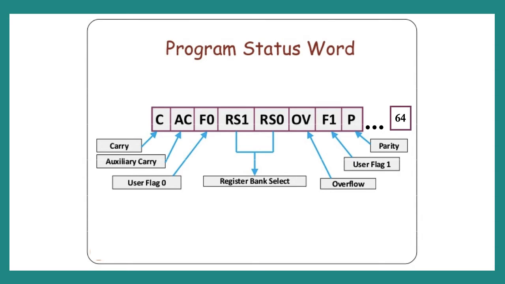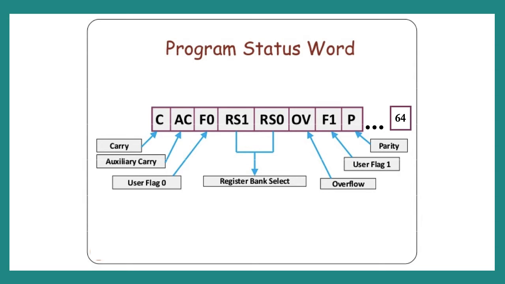It contains the address of the next instruction that needs to be processed. And as you can see here in the diagram, the middle part of the PSW is the register bank. This is where the code resides in the processor.